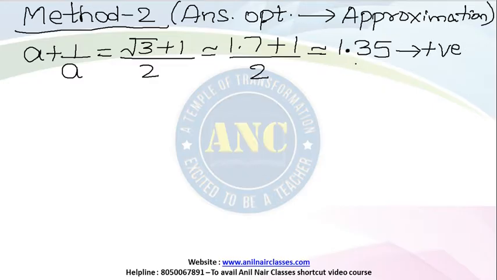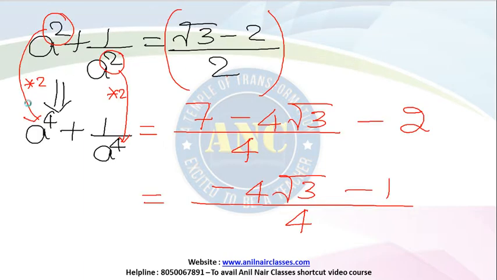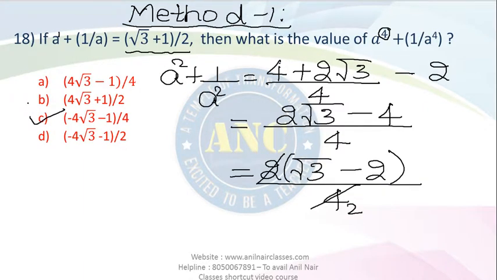Second observation is 1.35 is less than 2. Should we know whether it is less than 2 or greater than 2? Why should we consider it as less than 2? For time being, I am saying we will see if required. But one thing for sure, 1.35 is a positive number. That is something which I need. Now see here. What is the question? Question is a power 4 plus 1 by a power 4, right?